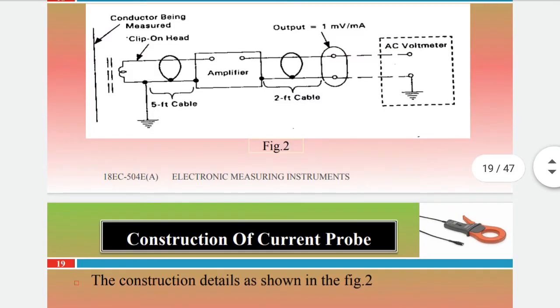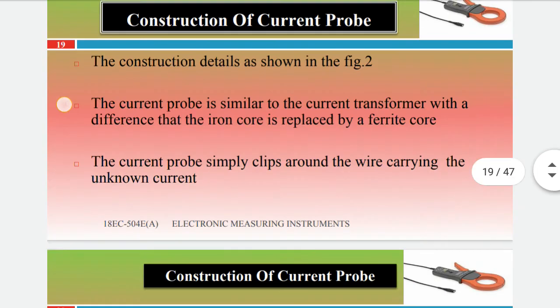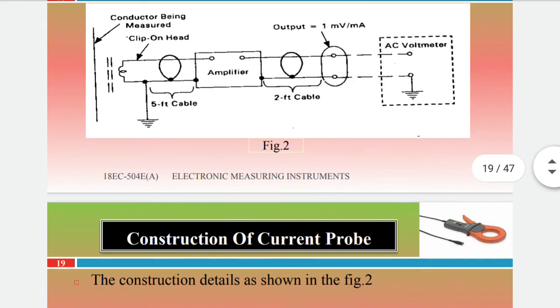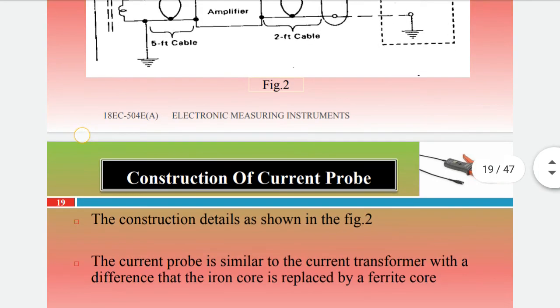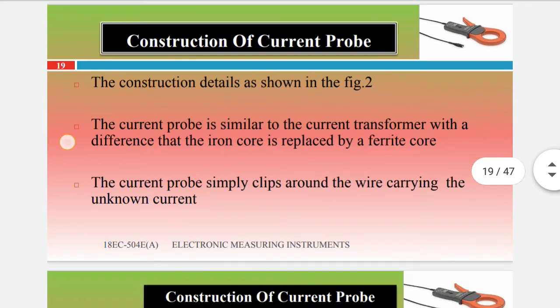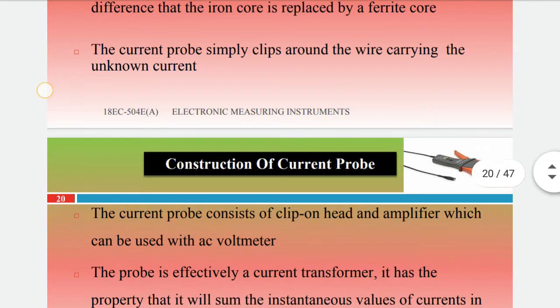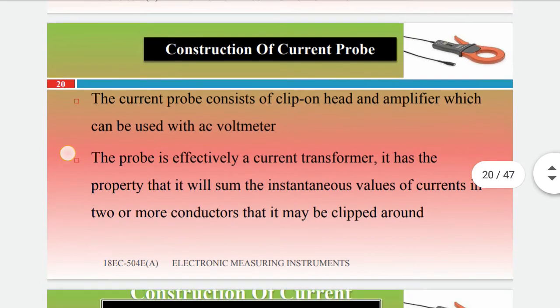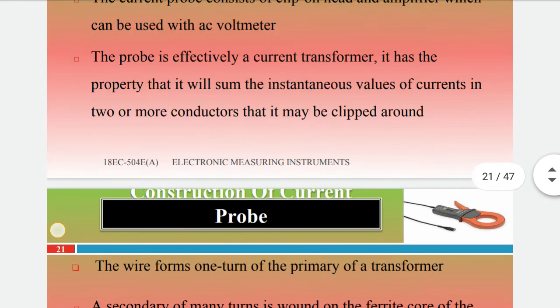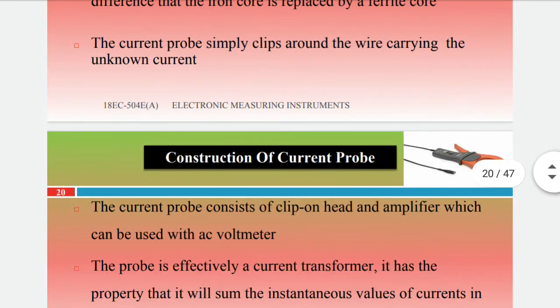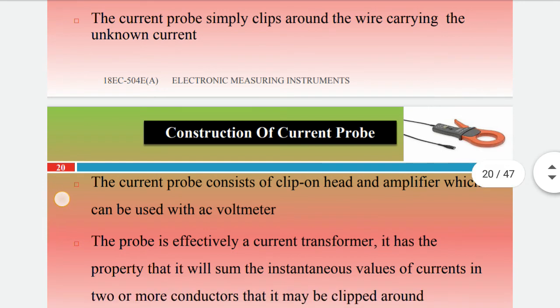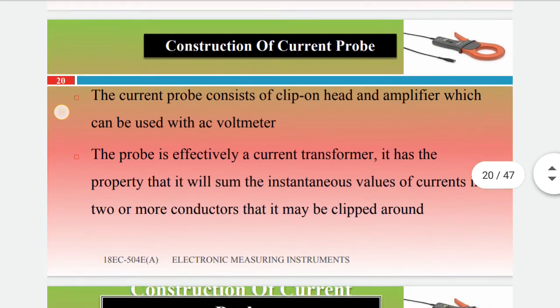You can see the amplified current that can be connected to the voltmeter. That voltmeter directly reads the current.